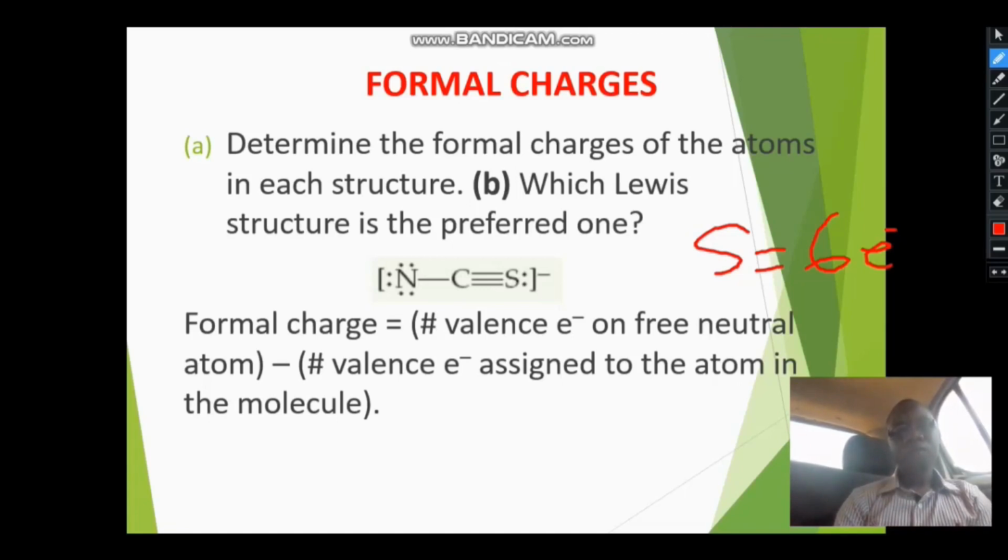Remember, we need to divide the electrons involved in the bonds. So it is 2 plus 3, which is 5. If we subtract this, we'll have +1. So the formal charge of sulfur in this molecule is +1.